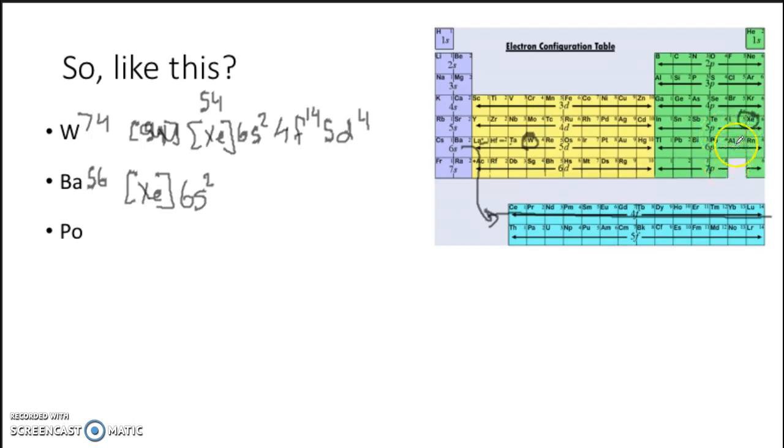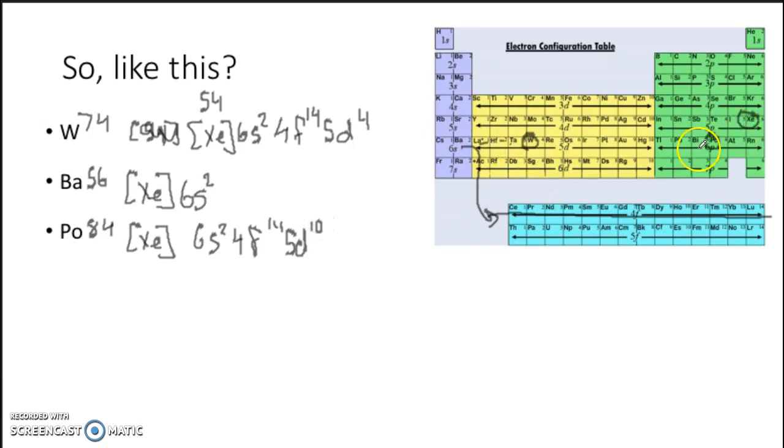Okay, polonium. Polonium is over here somewhere. I believe it's right there. It's got 84. So 84 is not quite to radon. So I can store my 56 there. So that's 56 in xenon. And again, following down, 6s2, 4f14, 5d10.